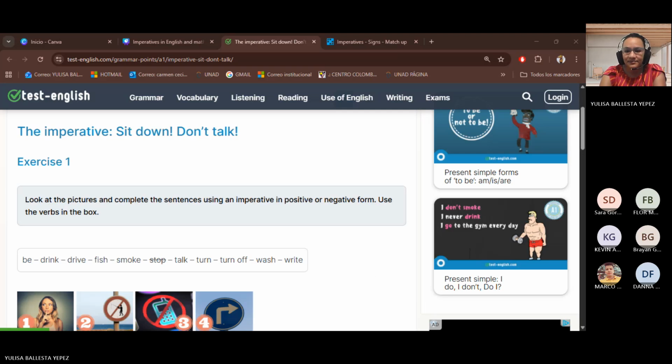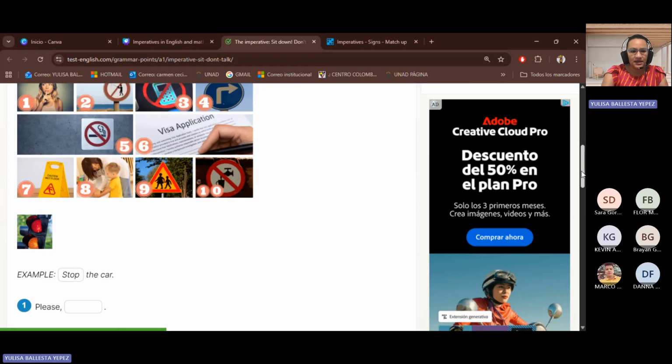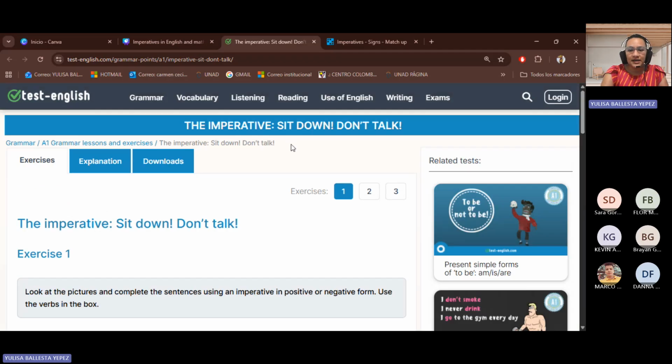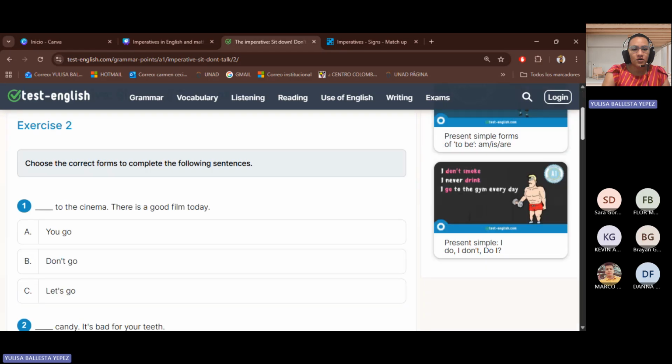And in this part, you are going to, as I was saying, complete the imperative with the images and the number. After that, number 2, you have to choose the correct form to complete the following sentence. So this is ABC.